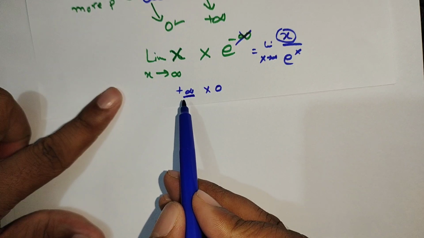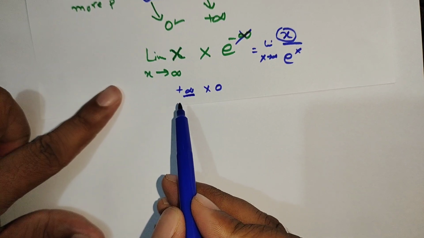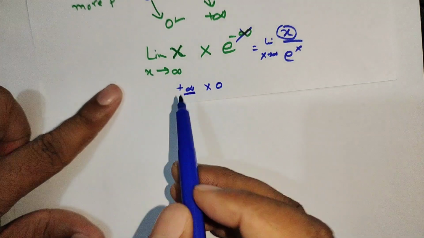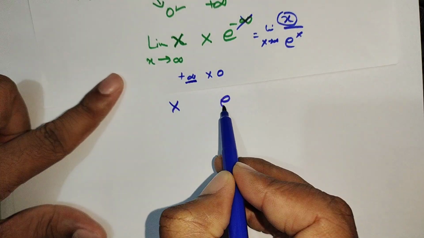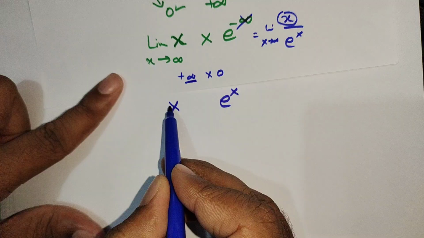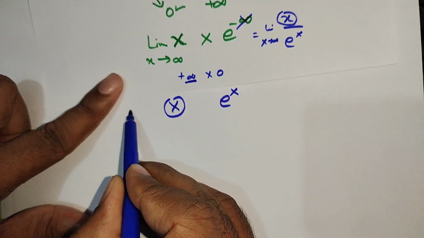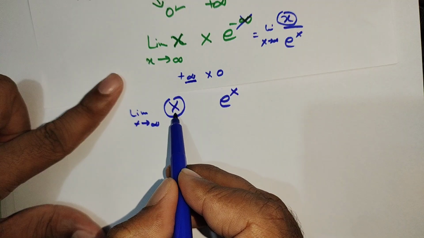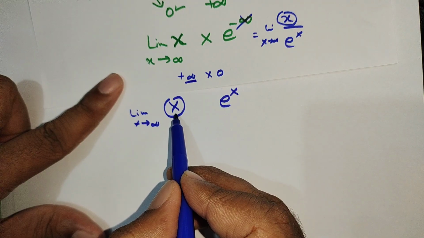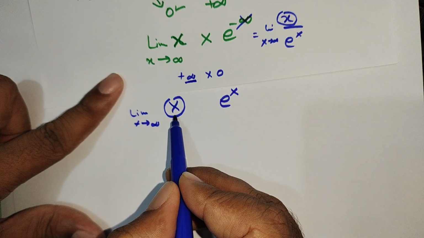It is very interesting for calculus students. We can see that there is a big difference between x and e raised to power x. When x goes to infinity, the growth rate of x is simply slow.